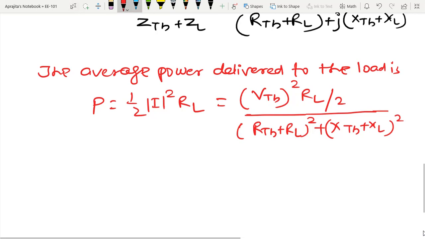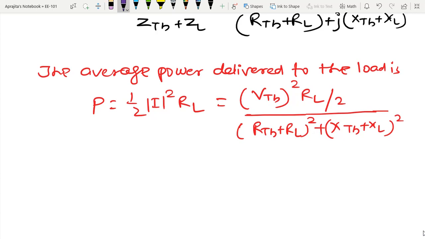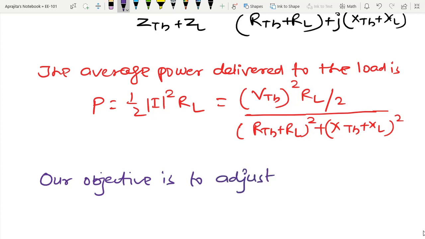So now let us write our objective. The objective of today's class is to adjust the load parameters.